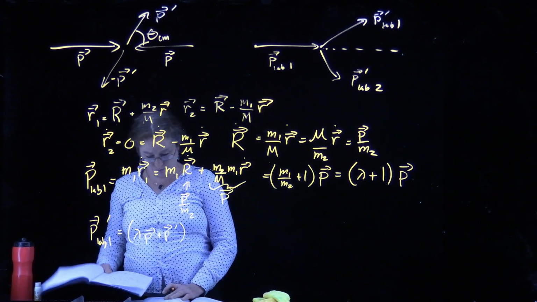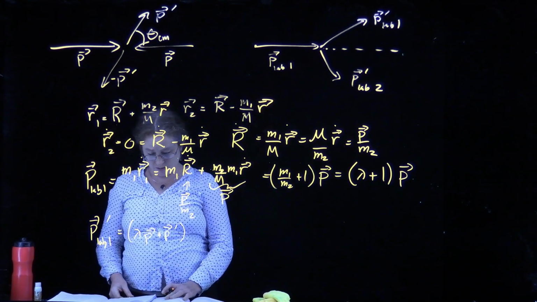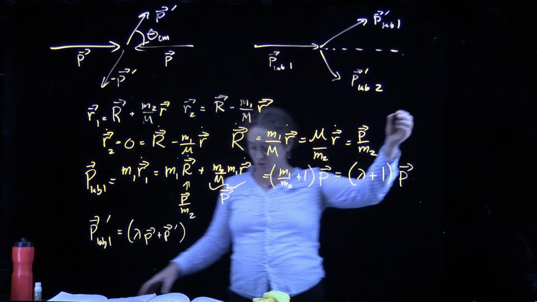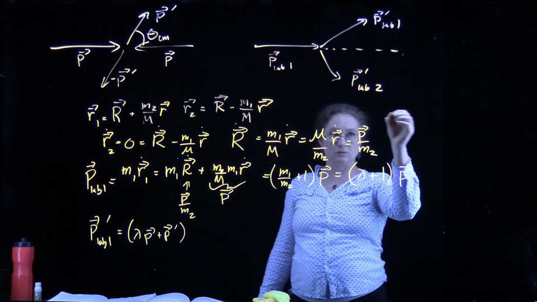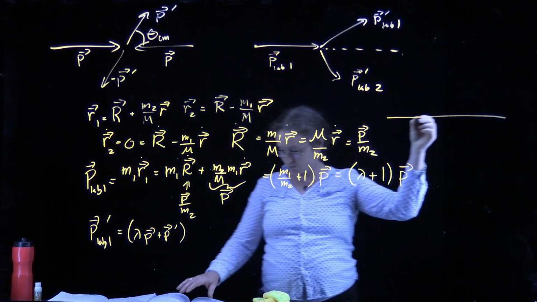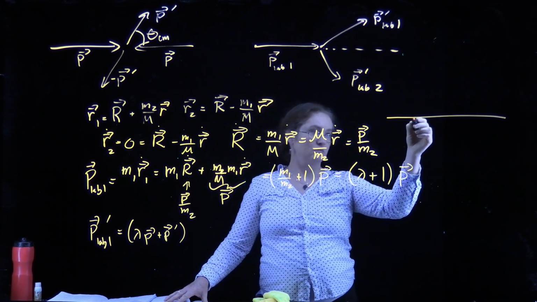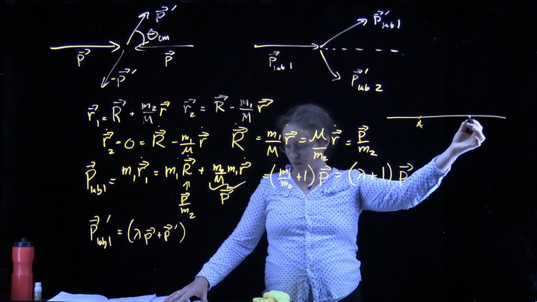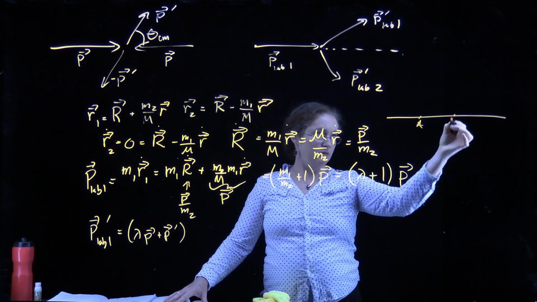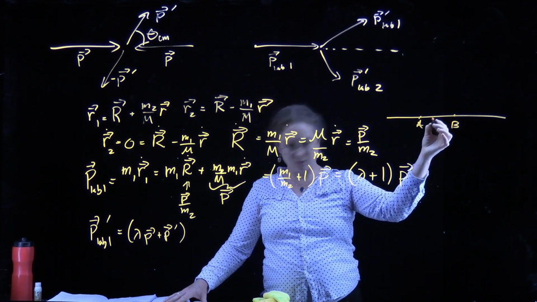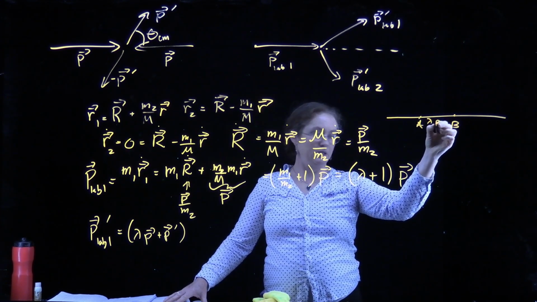Then from there you can draw a figure. A, B, lambda p.